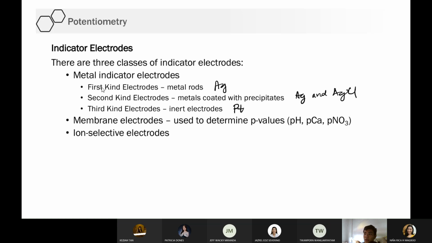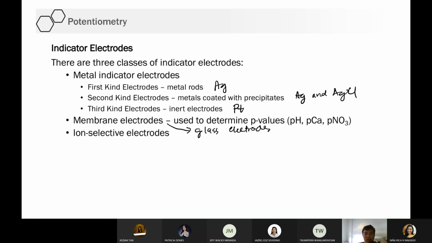For membrane electrodes, we use glass electrodes here. That's why the pH meter has this glass bulb at the bottom.